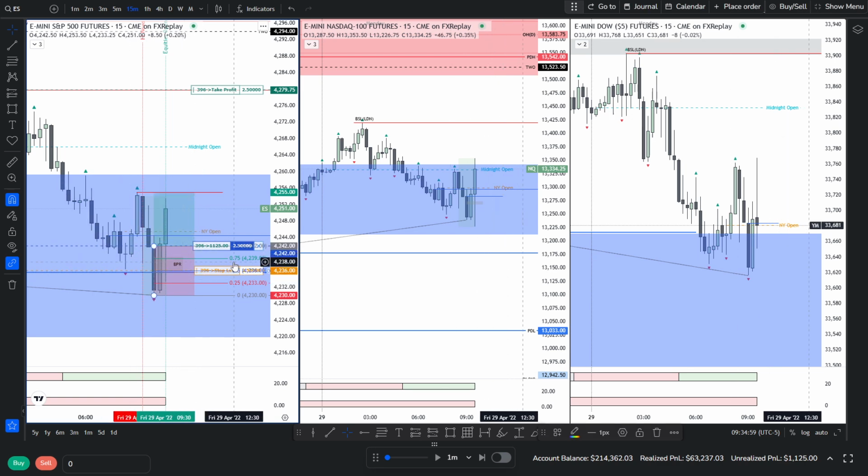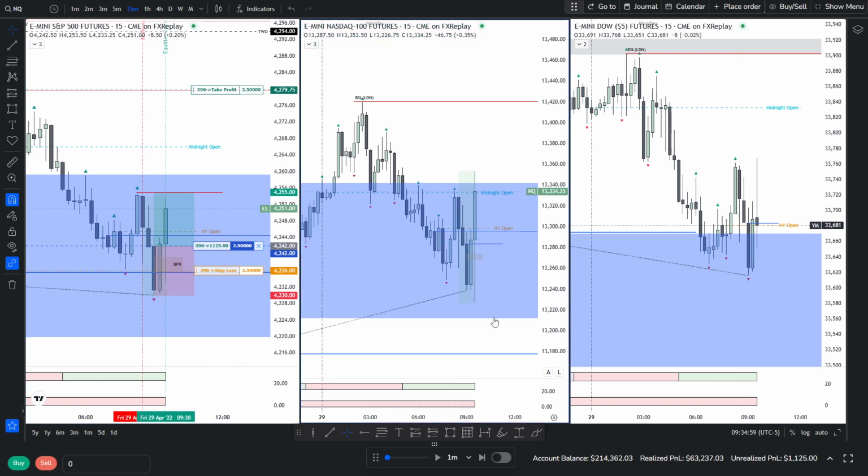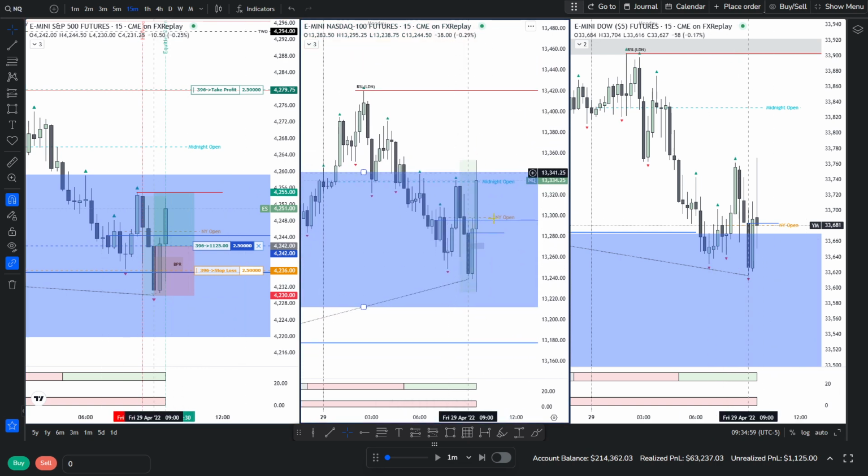There. Okay. So I'm going to do that just because of what I'm seeing on NQ. Okay, this could come back. Now, NQ could be wanting to seek the liquidity at the lows. Because I wasn't anticipating NQ to come and take out these lows here. So I just want to be safe.